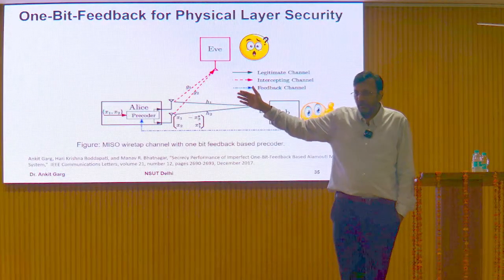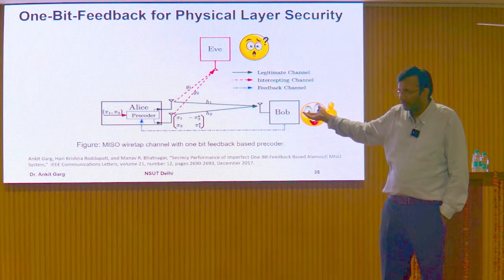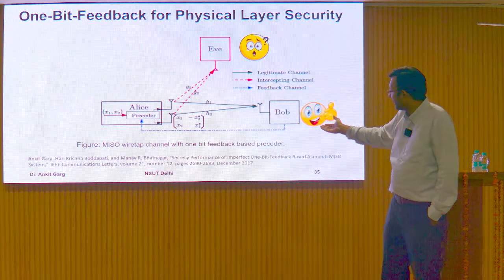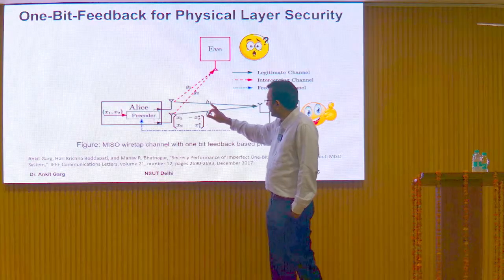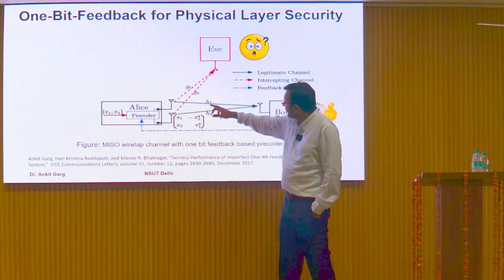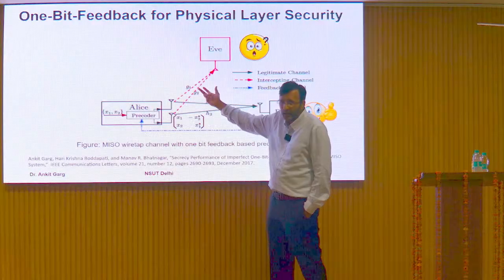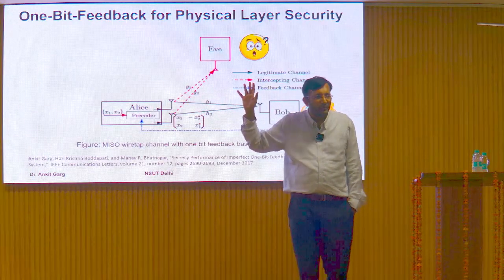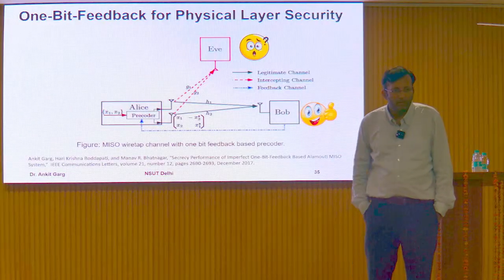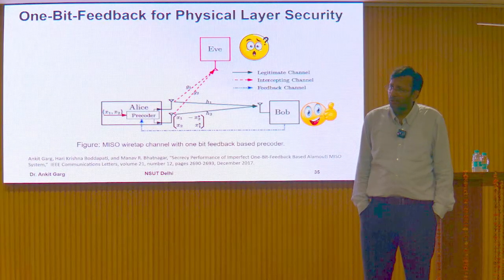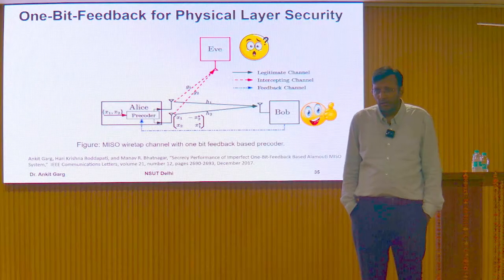Its channel gain is going to be high at the same time. For example, if you are choosing the first antenna according to H1, it might be possible that at the same time G1 would be high. So all the information would get leaked to the eavesdropper as well, isn't it? But it is not going to happen always.